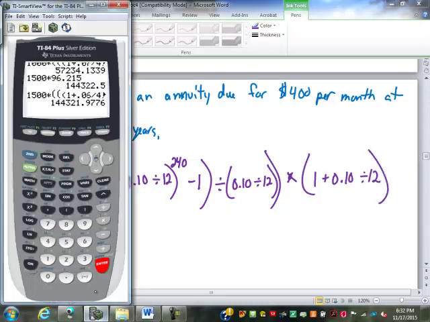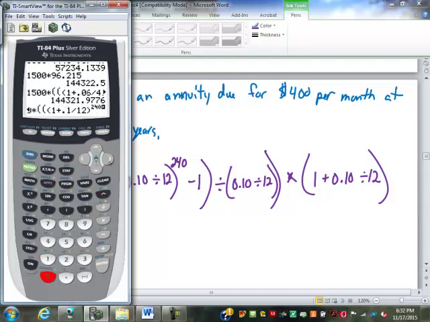So let's punch this in. 400 times open bracket, 1 plus 0.10 divided by 12, close, power of 240, minus 1, close, divided by open, 0.10 divided by 12, close and close. Now if we hit equals here, this would just be our future value of an ordinary annuity.